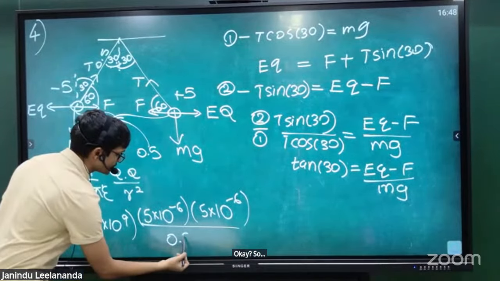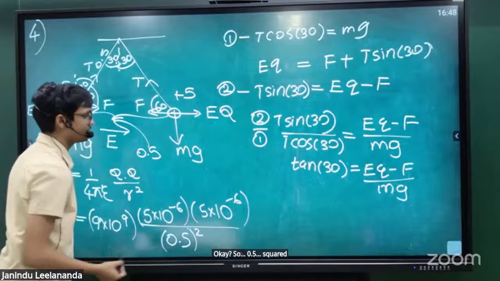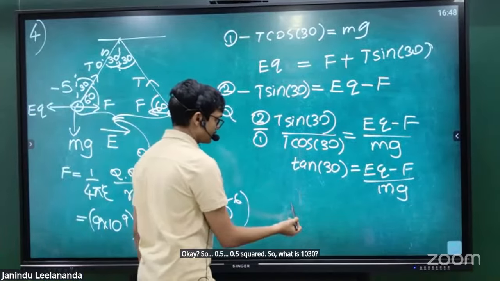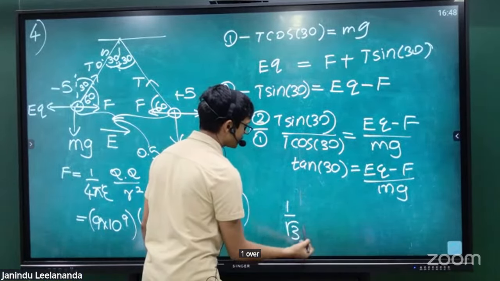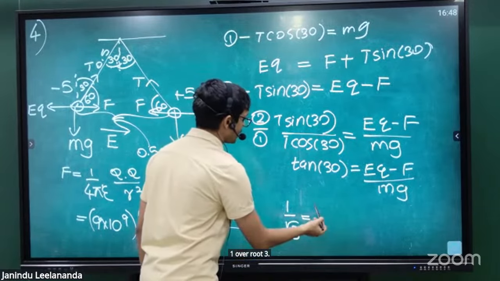0.5 squared. So what is tan 30? 1 over root 3, E that I have to find.